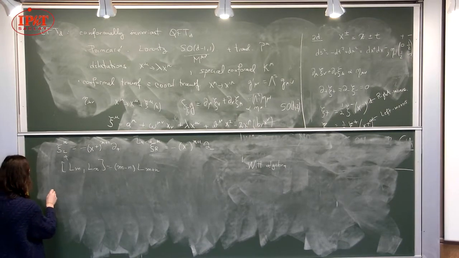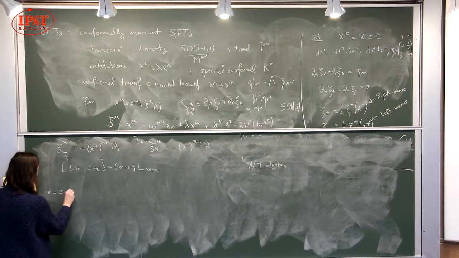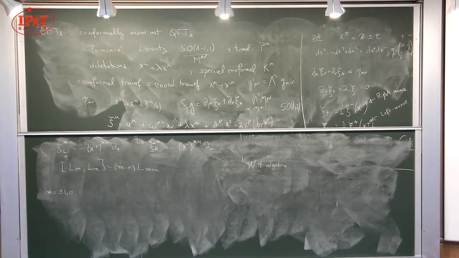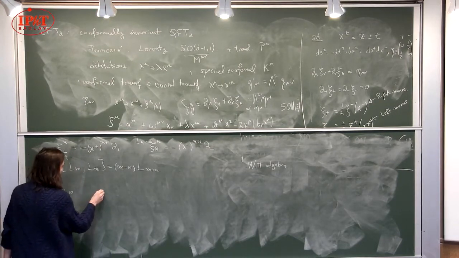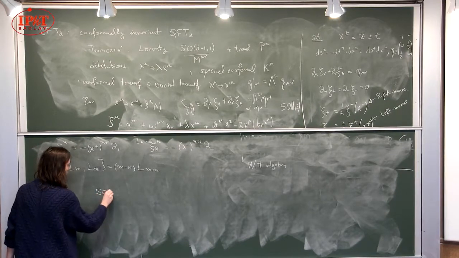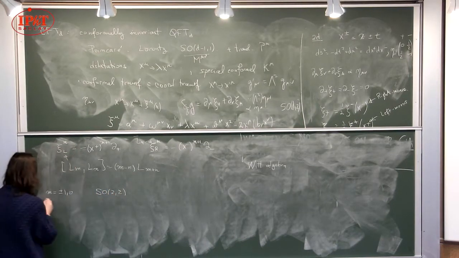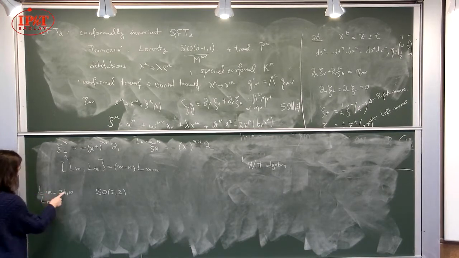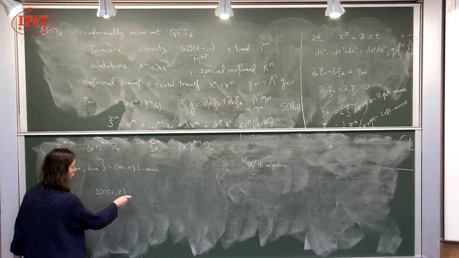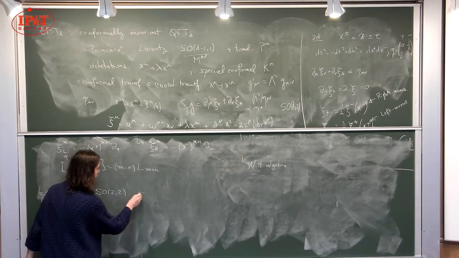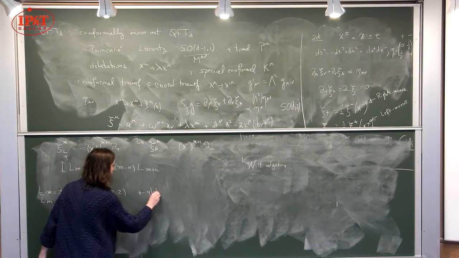If you look at m equals plus minus 1 and 0, for both L and L bar, those are 6 generators, and actually they are the generators of SO(2,2). So Lm and L bar m for these values are the generators of SO(2,2), which has 6 generators, which is just the global conformal group.